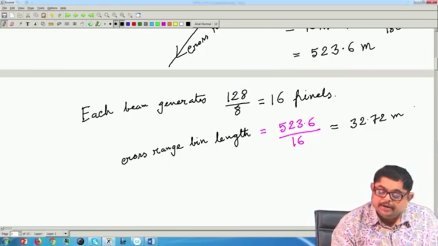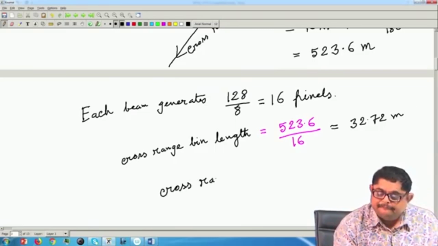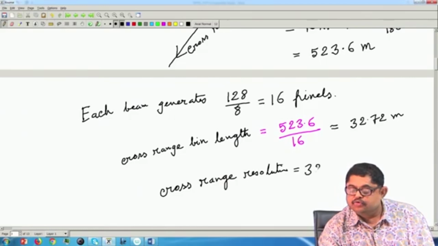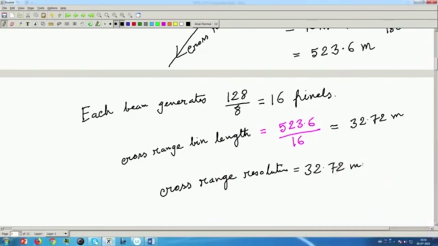So, we can say that the cross range resolution is 32.72 meter. Okay.